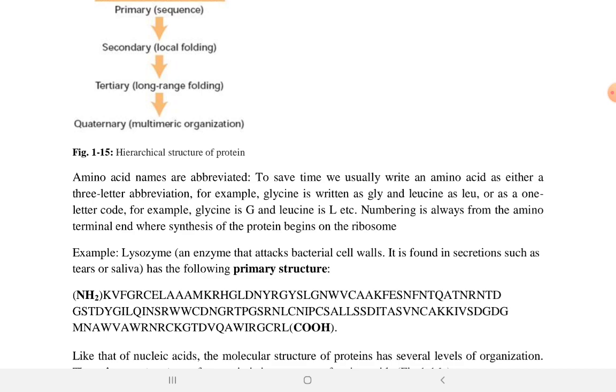It's found in secretions such as tears or saliva. Having the following primary structure, this is the structure of lysozyme. We start from the amino group, add other amino acids, and end up with the carboxyl group. That's how we construct what we call a protein molecule.